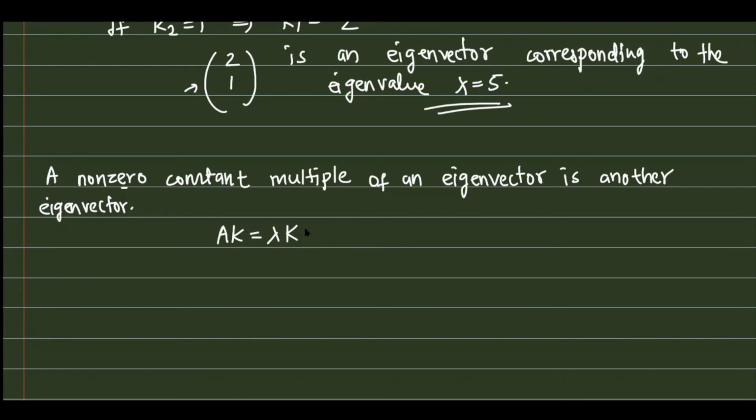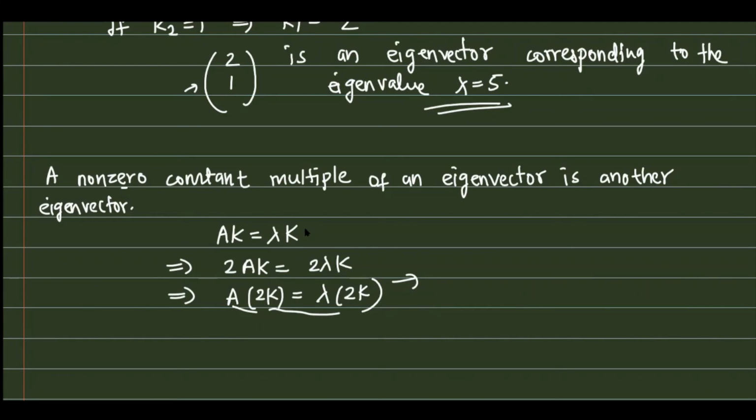If k is the eigenvector corresponding to the eigenvalue lambda, then if you take any multiple of this eigenvector, it will again be an eigenvector. Because if I multiply this by 2, I'll get 2Ak equal to 2 lambda k, and I can write this as A(2k) is equal to lambda (2k). So this is of the form Ak equal to lambda k.